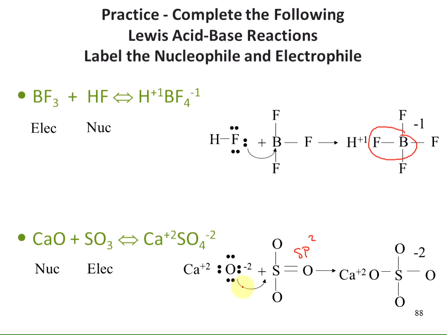So the O2- has all these electrons, it's negatively charged, so this is going to be our nucleophile. It loves nuclei, so it's going to attack the sulfur. The sulfur can accept that electron density, so it is going to be the electrophile because it will be electron loving. It will accept the electron density from it, and it forms the sulfur oxygen bond there, that adduct.